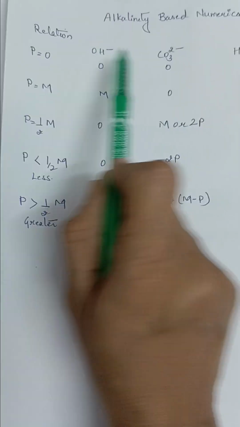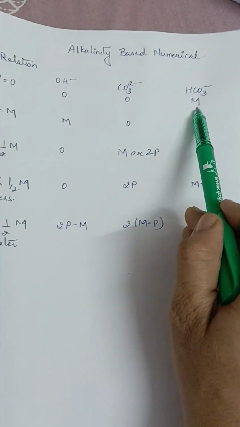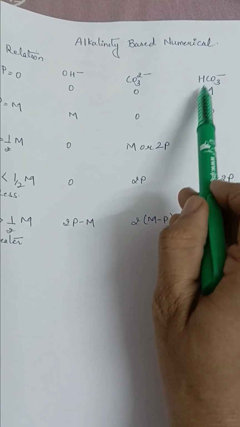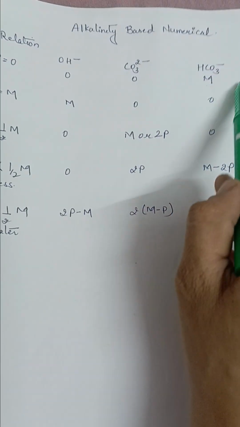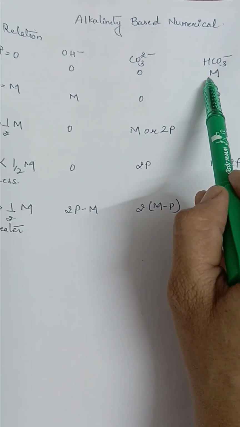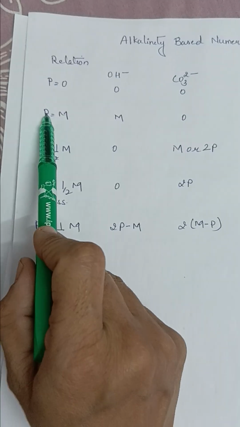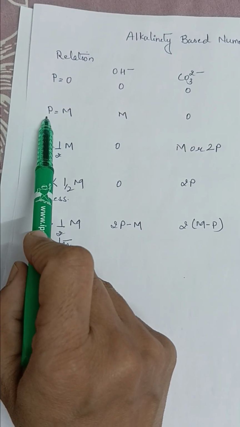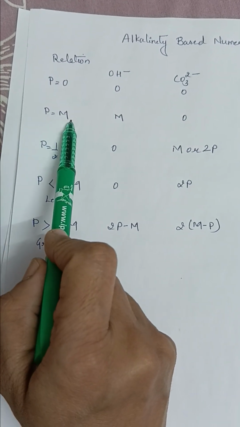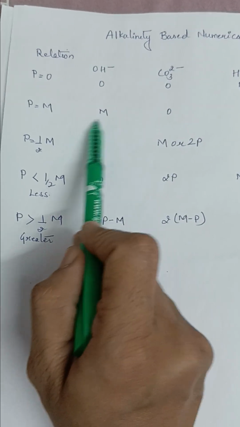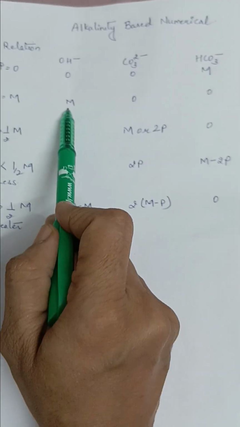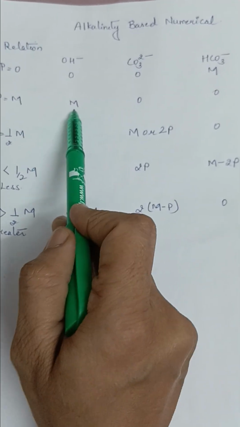No pink color appears, the water is contaminated through bicarbonate ion, and the total concentration of bicarbonate ion in the water sample will be equal to M. If the sample shows P equal to M, the water sample is contaminated through hydroxyl ion, and the concentration of hydroxyl will be M.